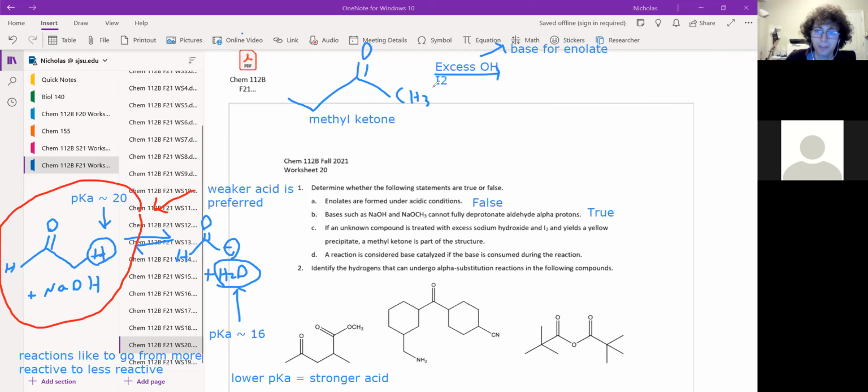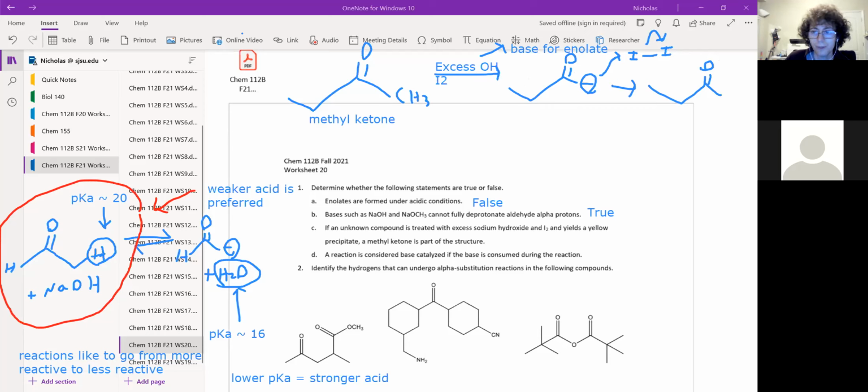So that's the purpose of the base. And you could form a little bit of this enolate, and then that enolate will react with the iodine, because enolates are nucleophiles. I2 is an electrophile.